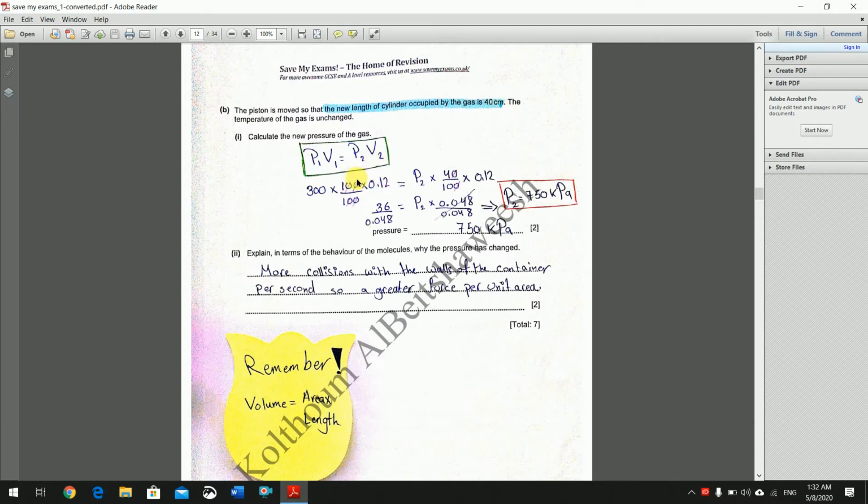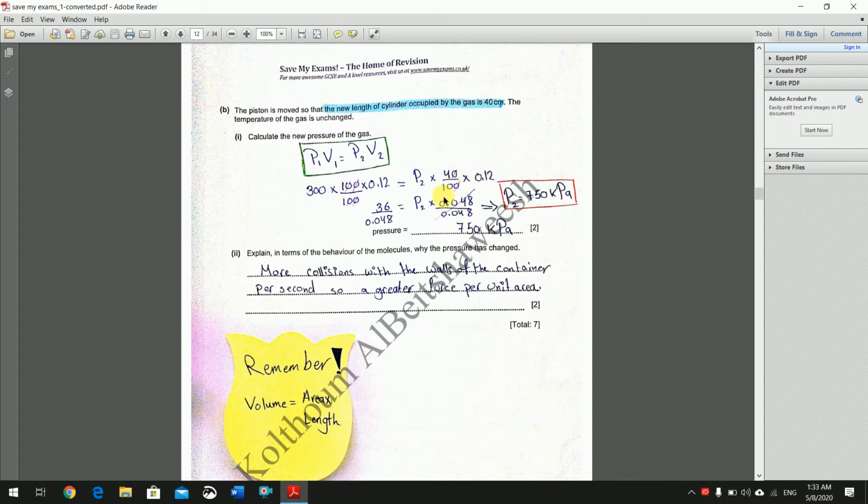So to calculate V1, we multiply 100 centimeters by 0.12, which is the area. Why did I divide by 100? Because I want to convert from centimeters to meters. The area is given in meters squared, so the length also has to be in meters. That equals P2, the pressure I want to find, multiplied by the volume, which is the area multiplied by the length, 40 centimeters, and we convert this to meters, so we divide by 100.